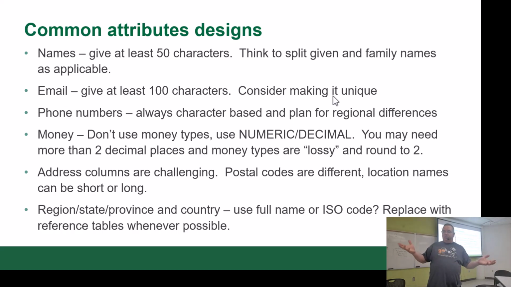Address columns can be challenging because depending on what part of the world you're in, things look different. Like Canadian and UK postal codes, they fit in the same spot. In Australia, they only have 4 characters in their postal code, not 6. You got Americans, again, stupid Americans. Some people make some really stupid decisions in the States.